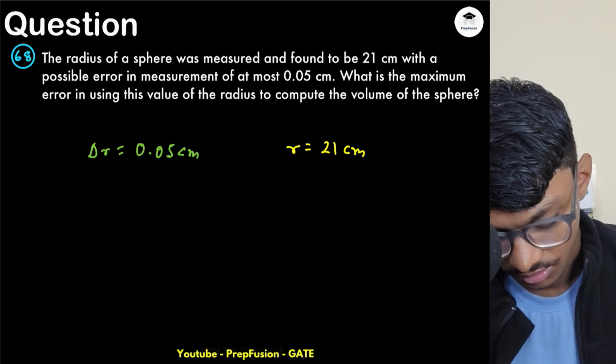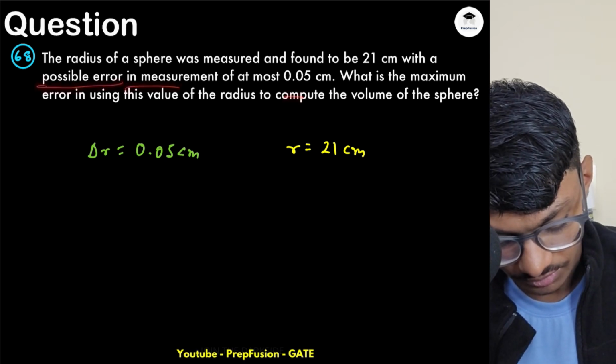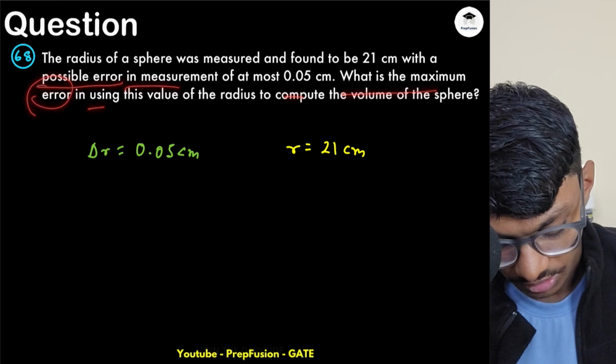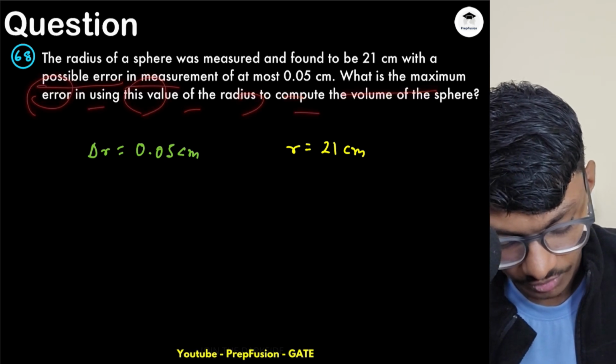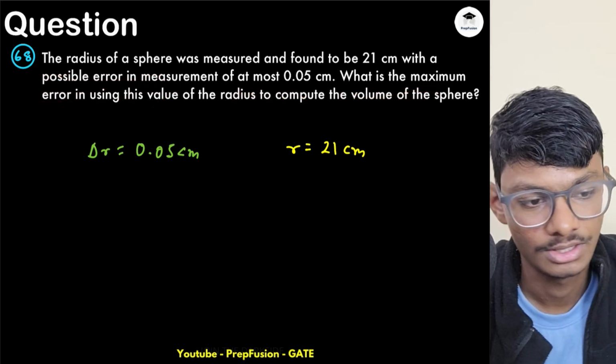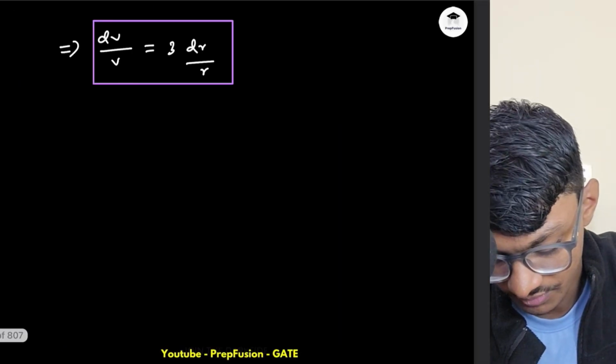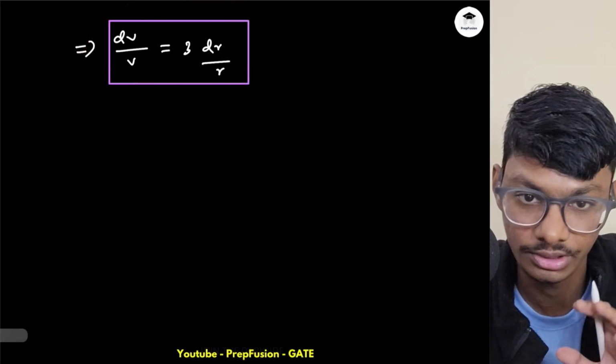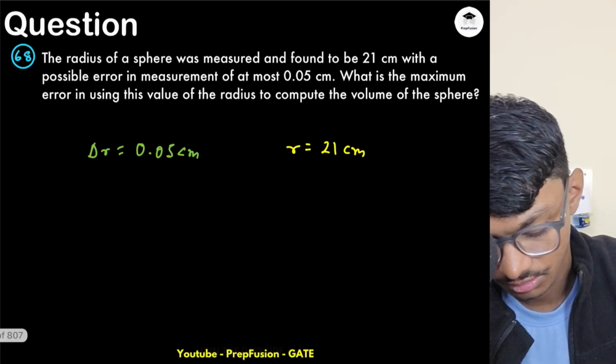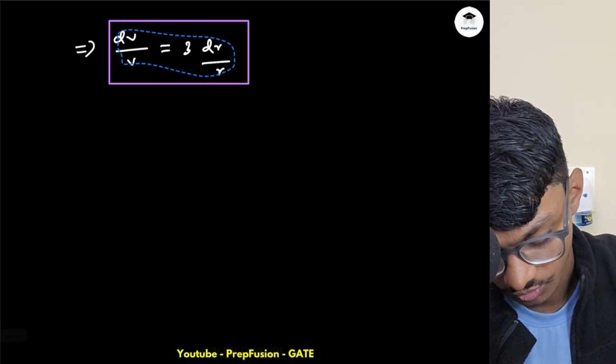With a possible error in measurement at most. What is the maximum error in using this value of the radius to compute the volume of the sphere? So how to solve this? We just solve the relationship between the relative error of volume and radius. So we'll use this here.